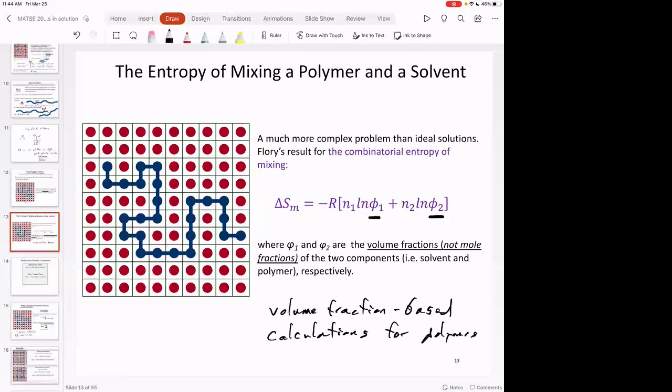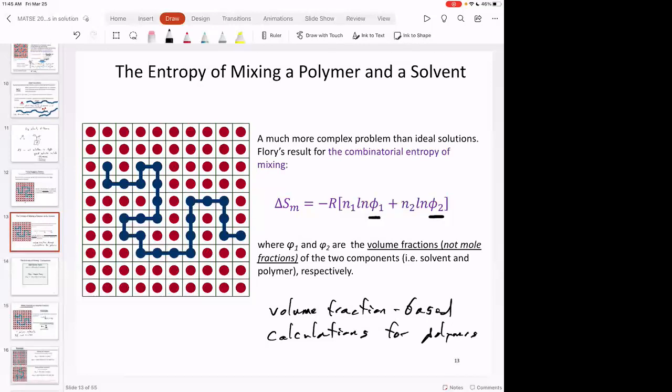And this will stay with you in your advanced polymer classes where you use Flory-Huggins theory to describe block copolymers and other sorts of phase diagrams in polymers. Most polymeric quantities are based on volume fraction, not mole fraction, because the molecular weight's so high.